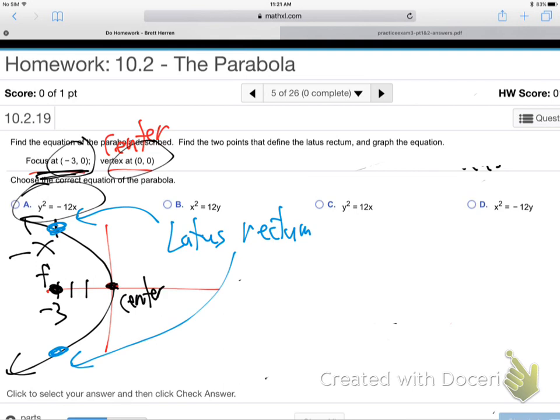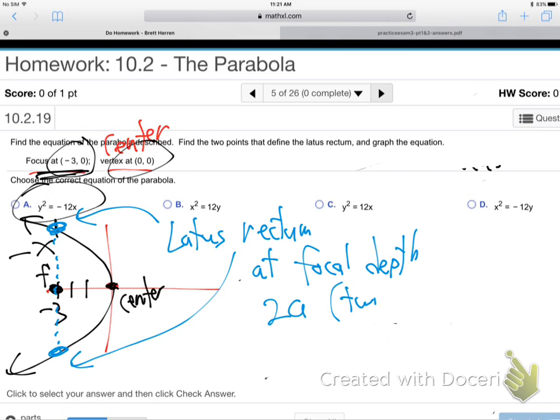They're at the level the focus is at, the focal depth, twice the focus distance. They're 2a. So in other words, this is up 6 and down 6. It's double the 3. Does that make sense?